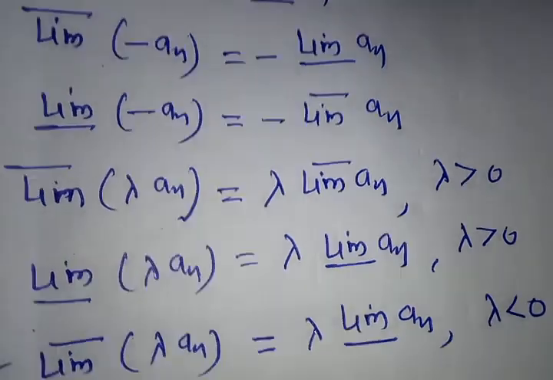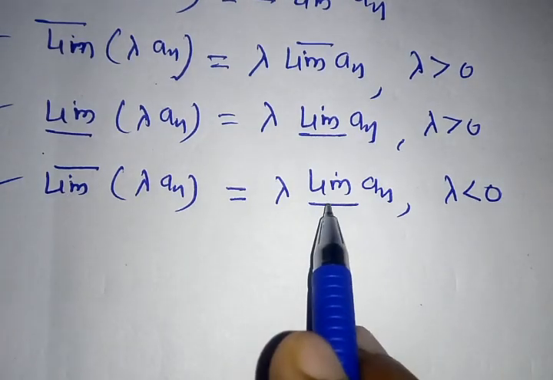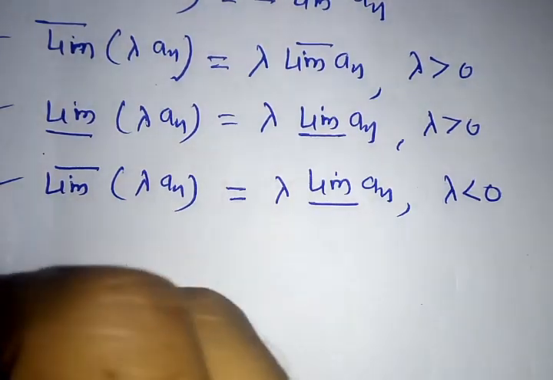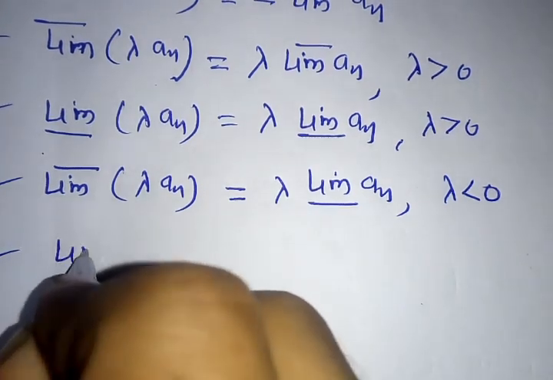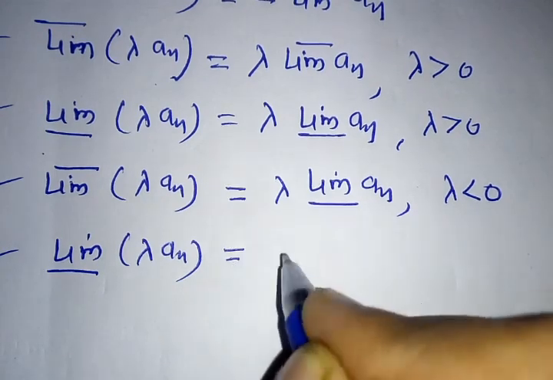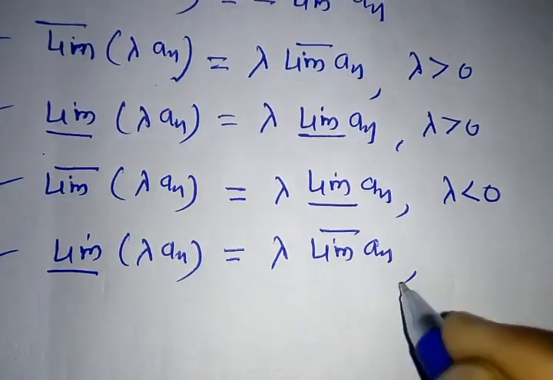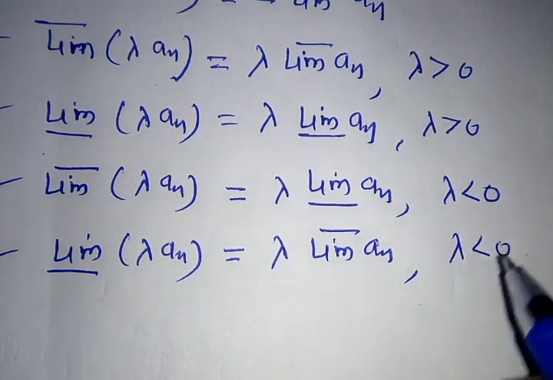If lambda is less than 0, then on the LHS limit superior, and on the RHS limit inferior, and limit inferior of lambda an is equal to lambda limit superior an if lambda is less than 0.